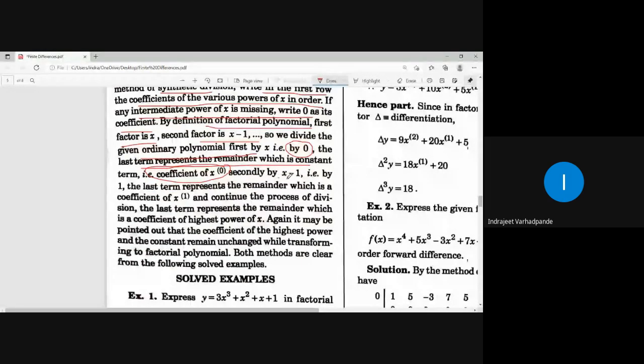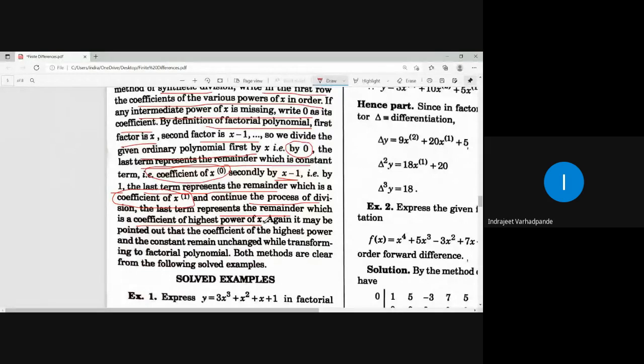The second factor is x minus 1, so I divide by 1. After performing the division, the last term represents the remainder, which is the coefficient of x to the power 1 factorial. Continue the process of division. The last term represents the remainder, which is the coefficient of the highest power of x.